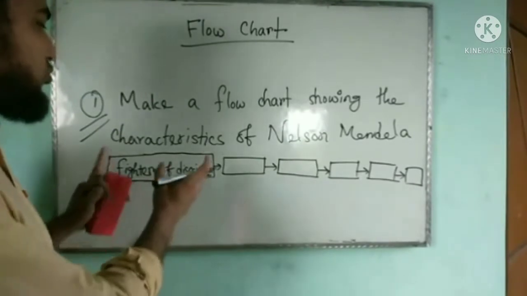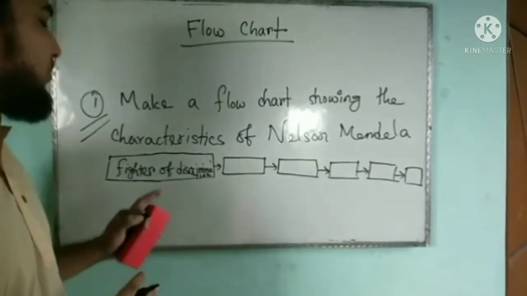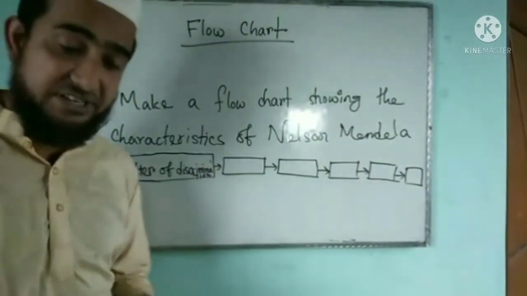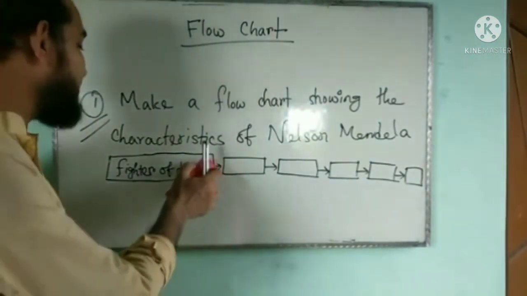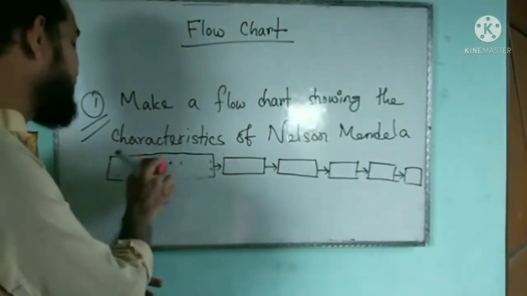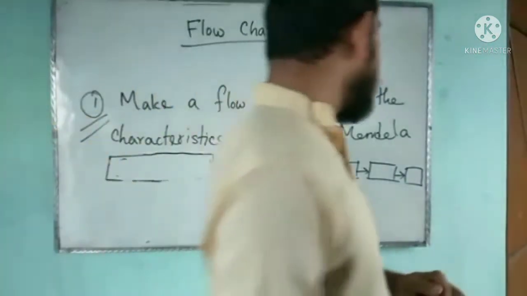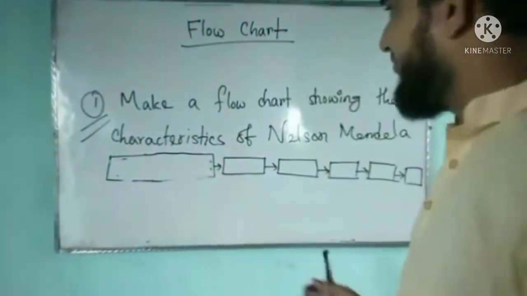Here two nouns are added with a preposition. This is a noun phrase. So we can use noun phrases instead of the gerund form or omission of subject, and these are all the ways we can answer the flowchart.